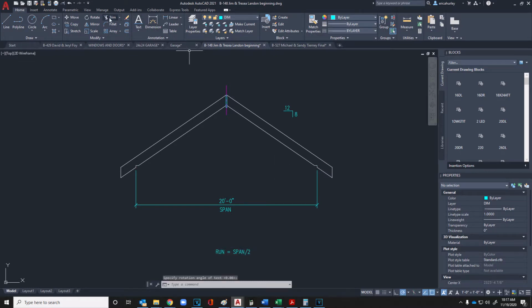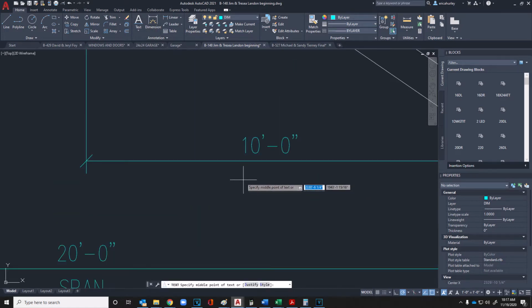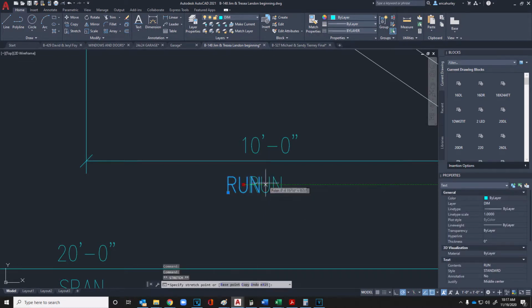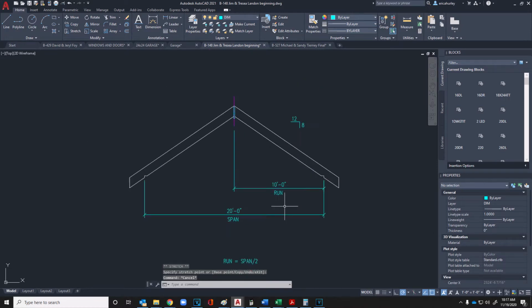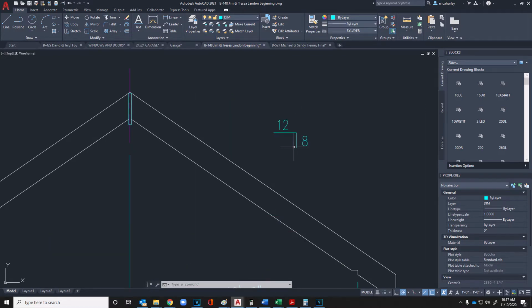All right, so we're just going to pop in another dimension line there, and we have our span as 20 feet, our run as 10 feet. So these are generally what is given to us on the plan. We know our span, we can establish our run, we have our rise over run in our unit triangle.